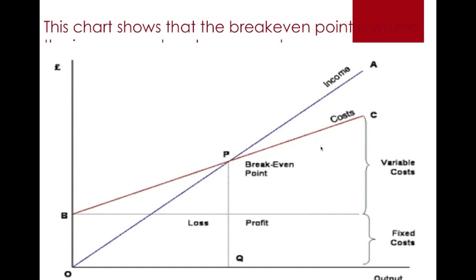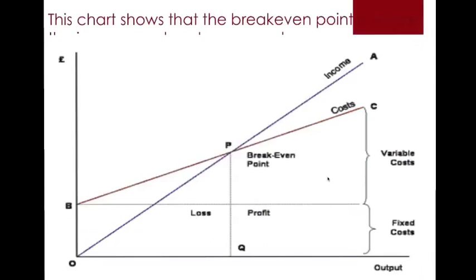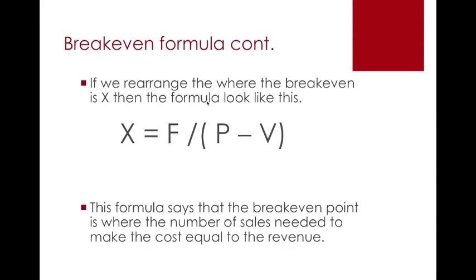Okay, so break-even analysis is a fairly useful tool. To determine your break-even quantity, you can just do some rearranging of that formula that we saw earlier, and it turns out that the break-even quantity is the fixed cost divided by the gross profit. In other words, the profit that you make per unit.